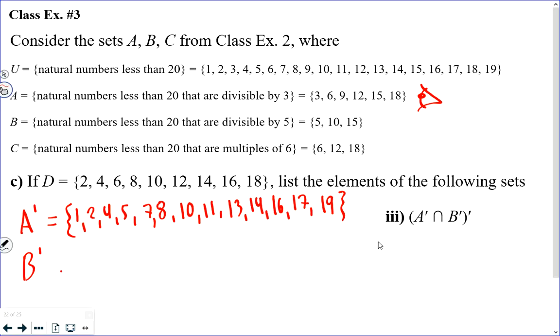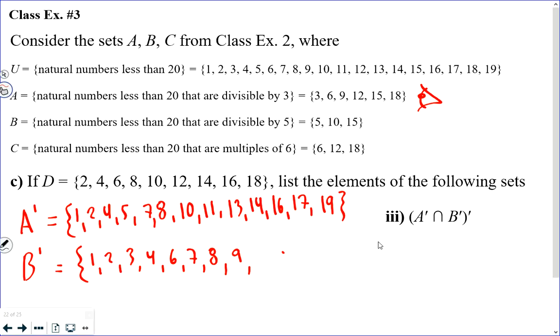What is the complement of B? Well, B is 5, 10, and 15. So that means not B is all of the numbers except for 5, 10, and 15. It's 1, 2, 3, 4, 6, 7, 8, 9, 10.